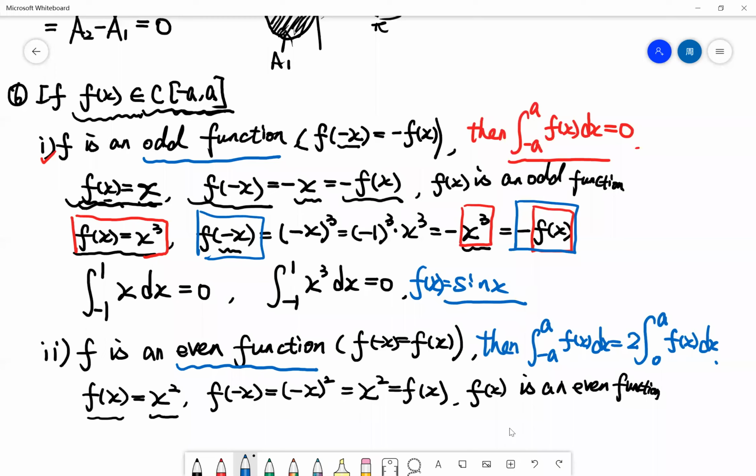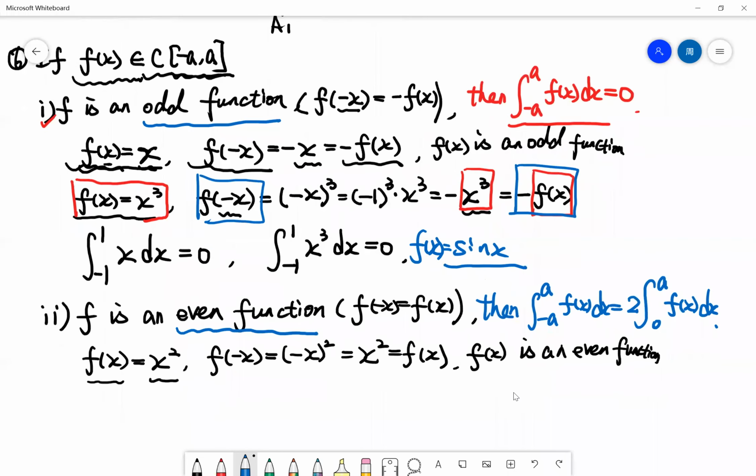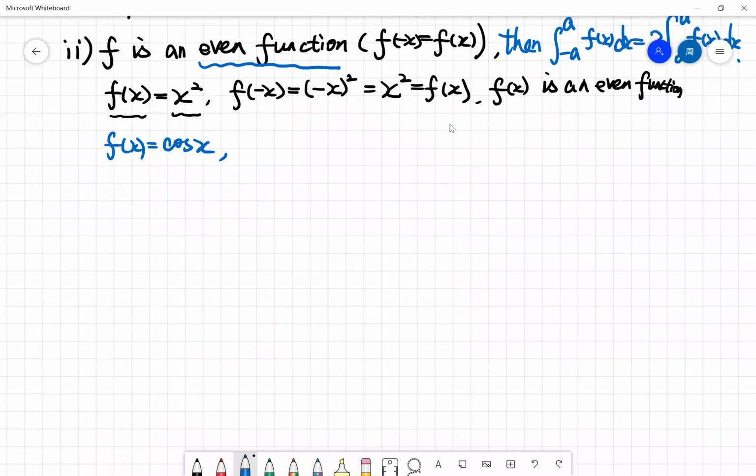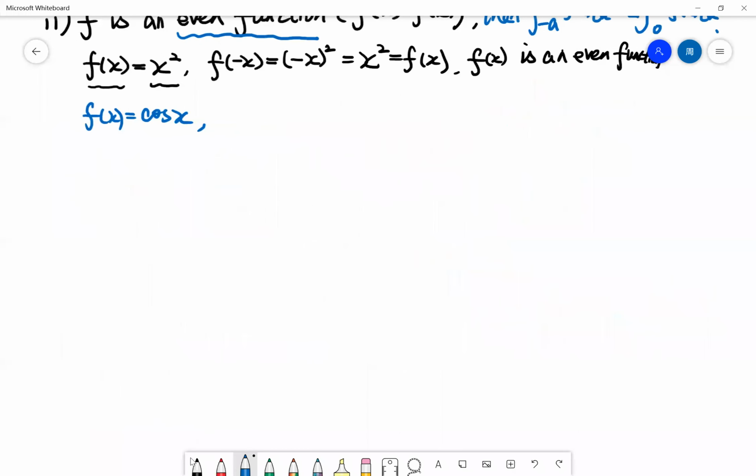And the even function we always use is cosine x. So if you see sine x, you should remember that it is an odd function, and cosine x is an even function. Then you can calculate directly from it. Okay, so here are 2 more properties for the definite integral.